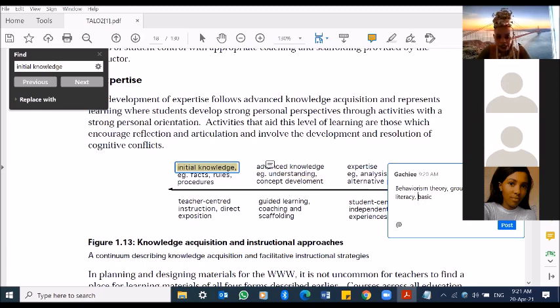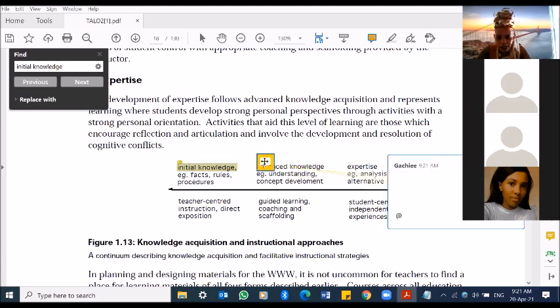And that's behaviorism. Whereas when I come to this other one, I'll be talking about advanced knowledge, whereby now the students, in fact, it's more of information processing theory, because they are more like a computer. They can be able now to have that memory of applying, but not as much as an expert.